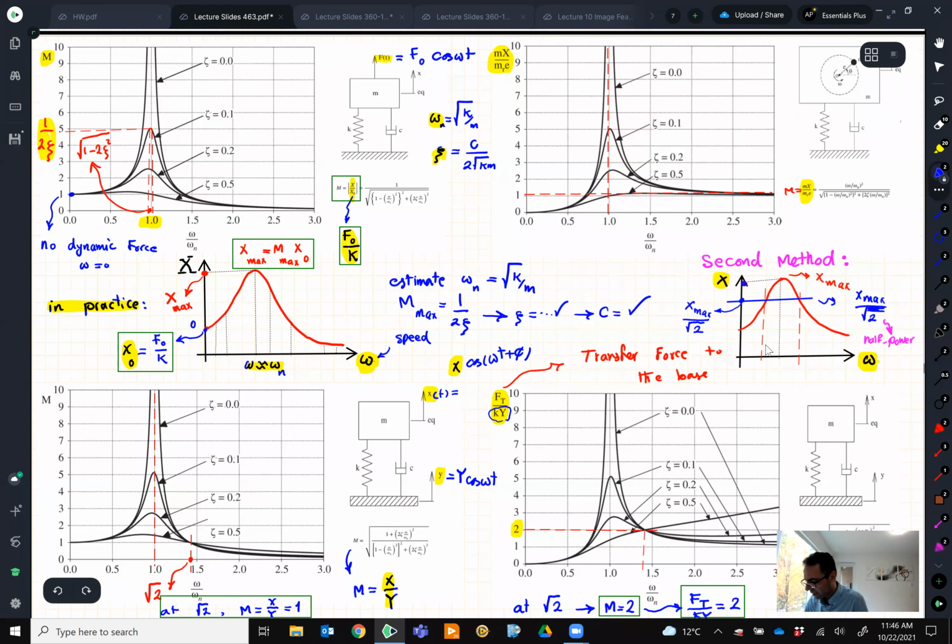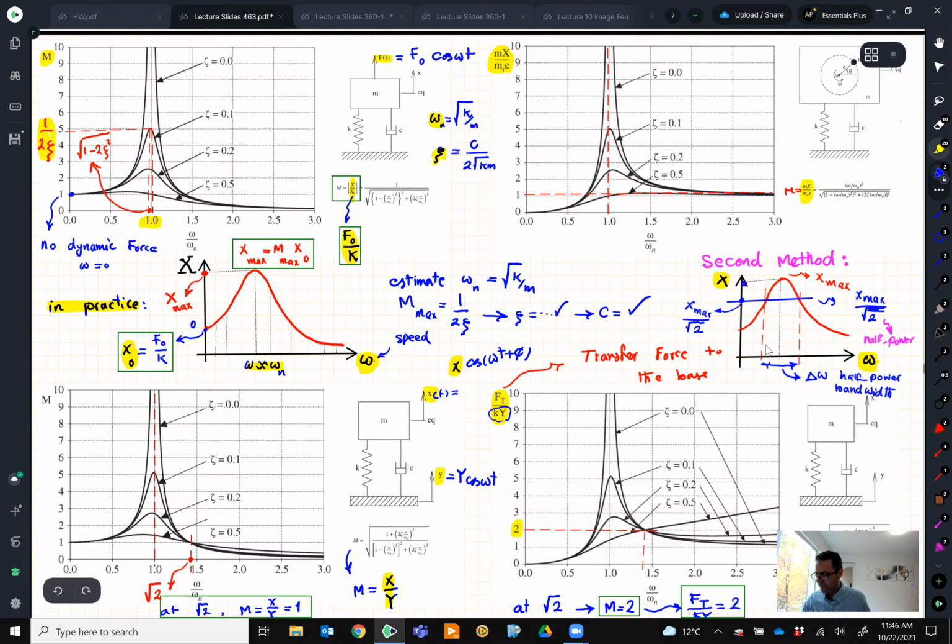And this range is called delta omega, the half power bandwidth. These are just technical names. I want you to remember them because when you go out in practice, this is what you will see a lot.